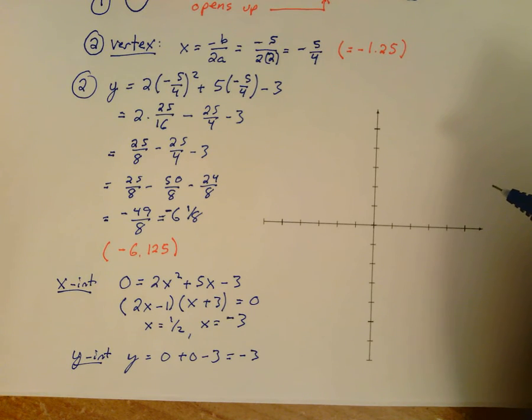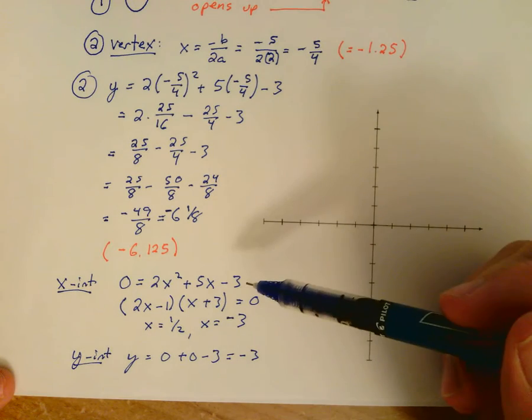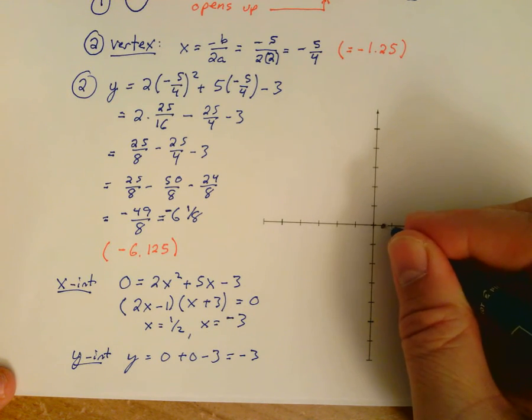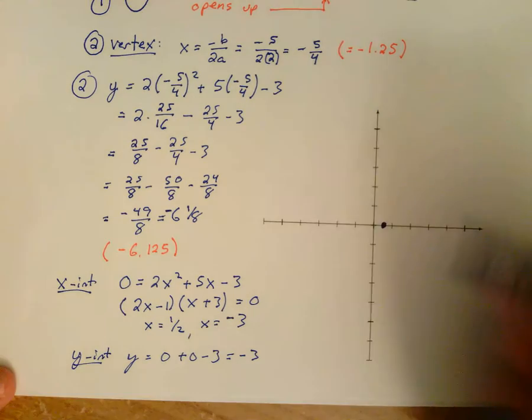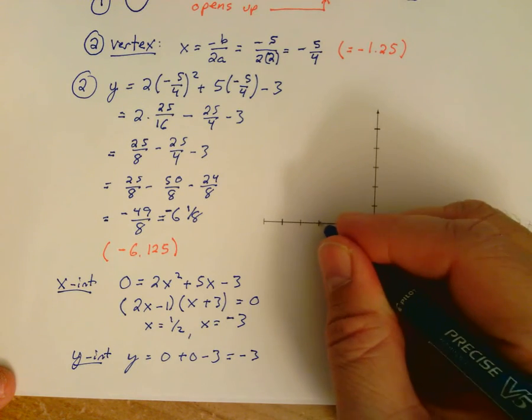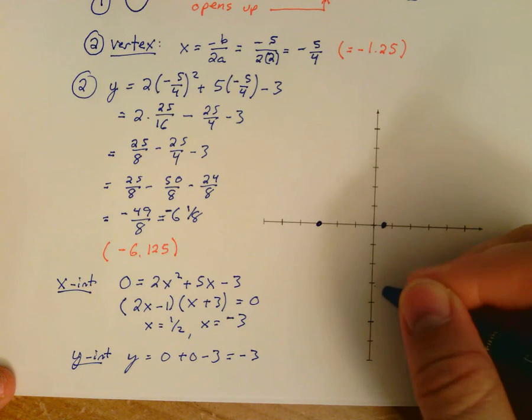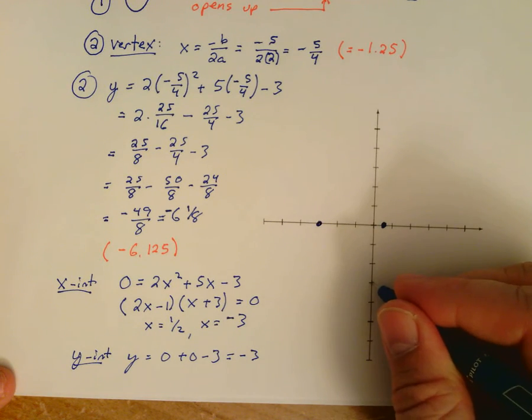Okay, so I have x is a half, where I get a 0, so it's like halfway there. Negative 3, 1, 2, 3. I put this down here. And then my y-intercept is negative 3, so I go 1, 2, 3. So that's my y-intercept.